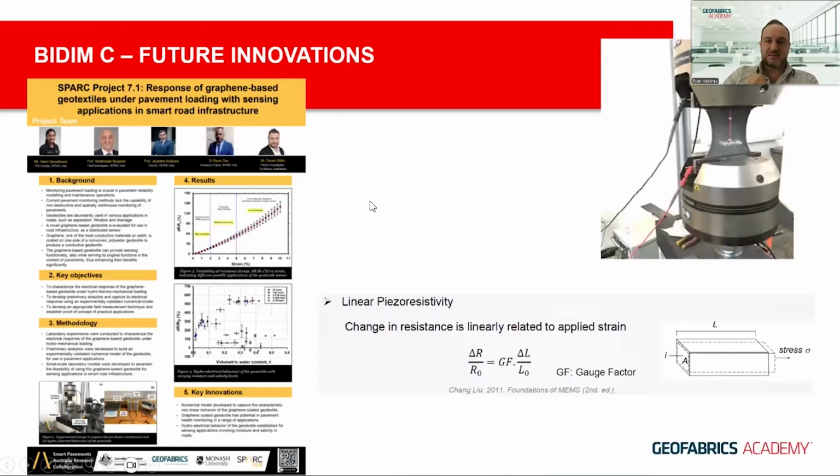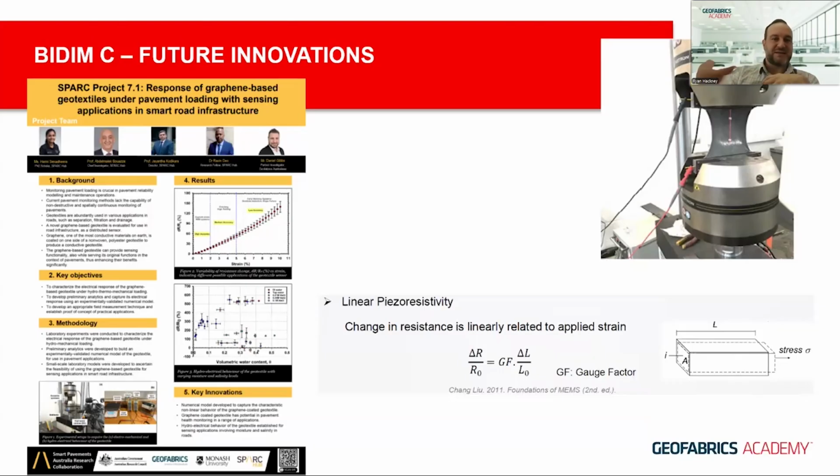And another example here is, we've supported PhD studies in this particular space, and this is one particular example where it was investigated how the conductive geotextile could be used as a sensor itself. So this particular study looked at the response of these types of geotextiles under pavements as a detection method.